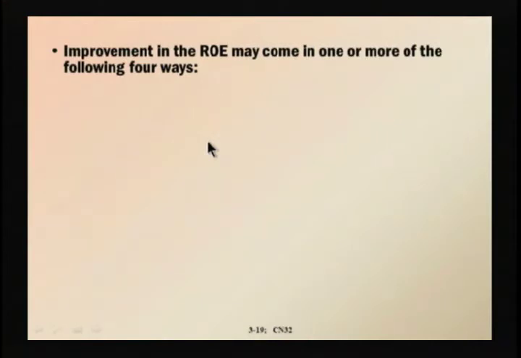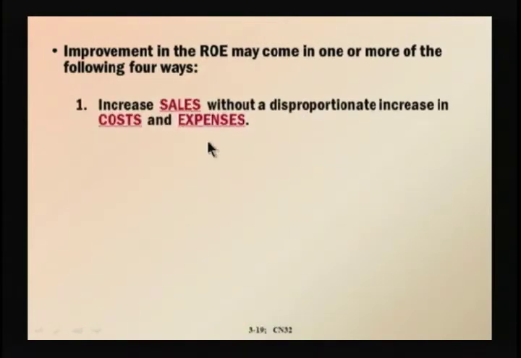Now let's think about how we might improve our return on equity. While this is not a market value measure like stock price, in a book value sense, ROE is probably the ratio we would like to improve more than any other. So let's assume for now we'll focus on that, ways to improve ROE. The first way is if I can produce more sales.